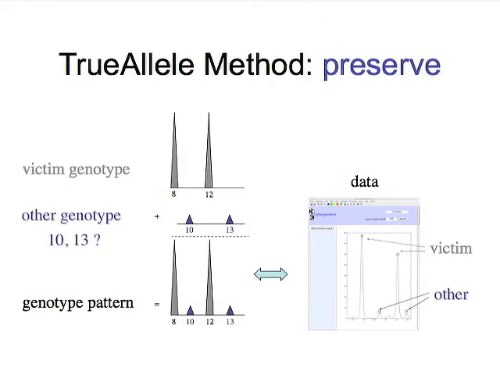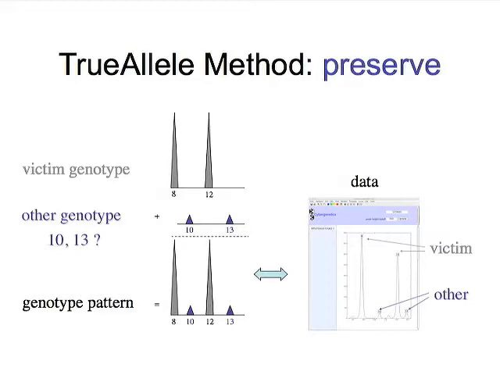The way this works in this case is the victim genotype is assumed because it's taken from the victim and is seen in all the data. And then the computer will try out every possible allele pair, here at 10 and 13, in every possible ratio of different heights. So it does a massive search on the unknown genotype, on the amount of DNA, on the relative heights of the two, and on dozens of other variables.